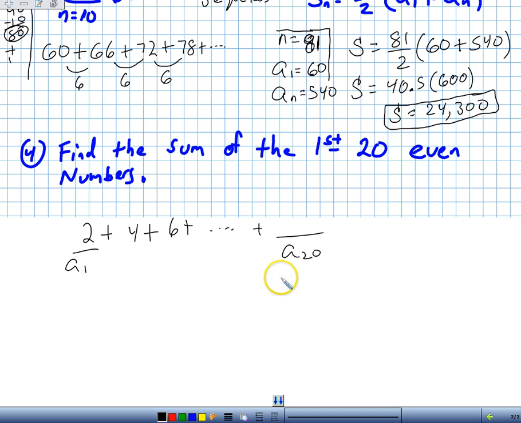Okay, well, the common difference here is 2. All right, so this is an arithmetic sequence, meaning that I will be able to use this formula.